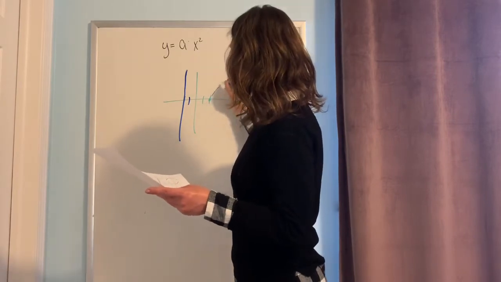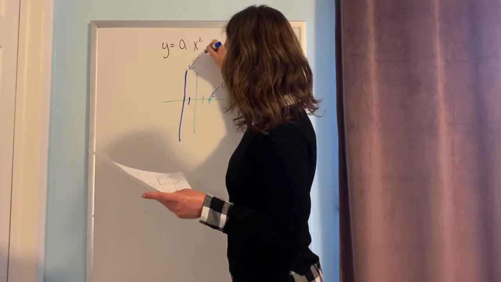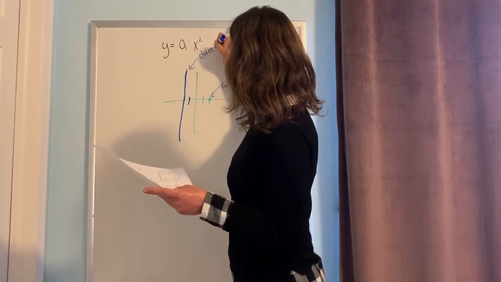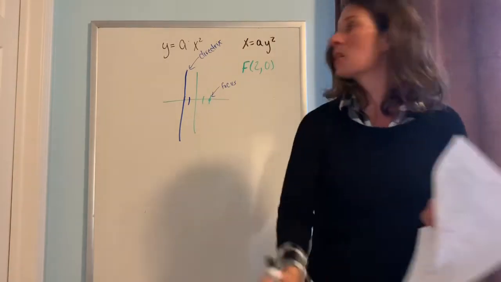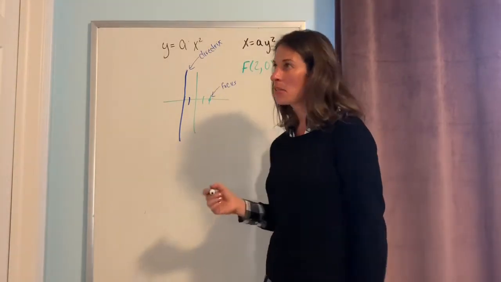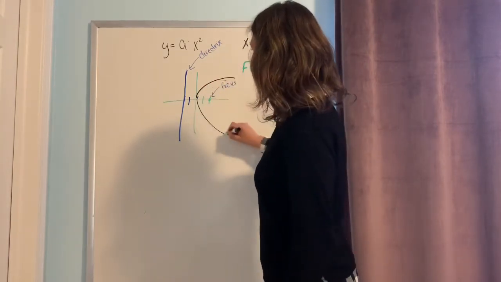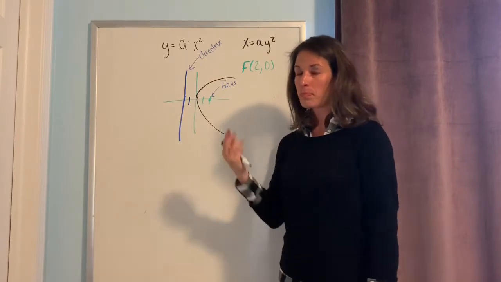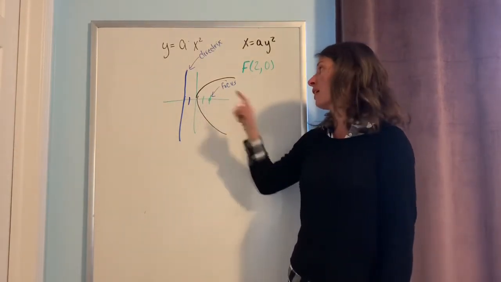So my focus and my directrix. Remember that the focus is always inside our parabola. And because it starts at the vertex, it's going to look like this. So I've drawn what it looks like and know that it looks like this.